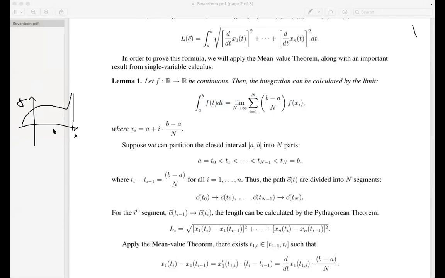If you partition it into n parts, you would have an approximation by these rectangles.